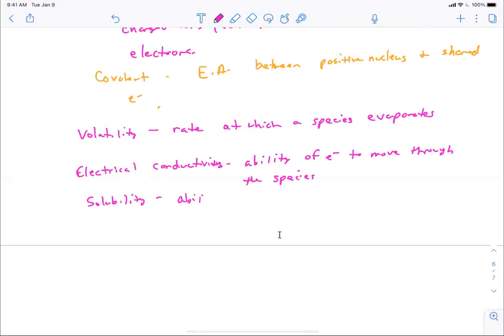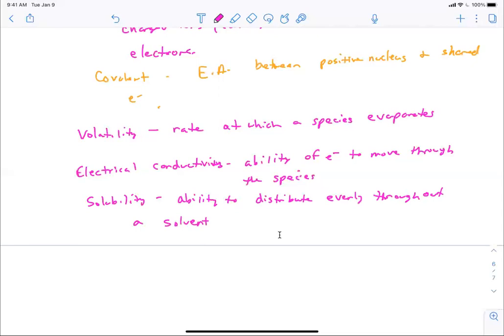Solubility is the ability to distribute evenly throughout a solvent. So are the particles able to break down and be distributed evenly throughout the solvent, or does it clump up, solidify, and fall to the bottom?